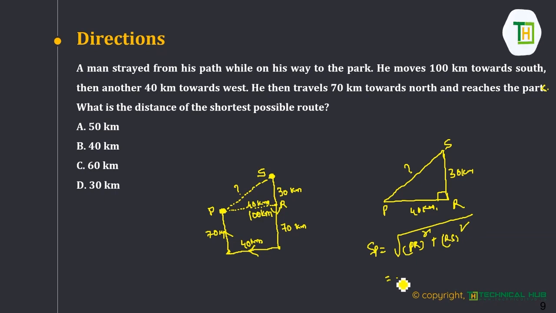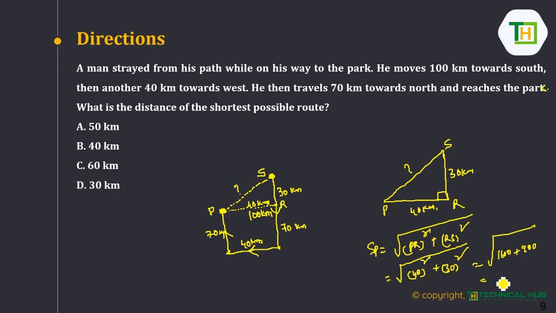So square root of 40 square plus 30 square. 40 square is 1600, 30 square is 900, the total is 2500, and the square root of 2500 is 50. So 50 km is the answer. The shortest distance of the possible route is 50 km. Given the options, option A is the correct answer.